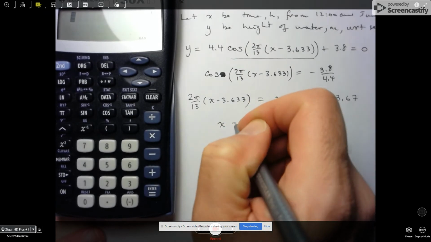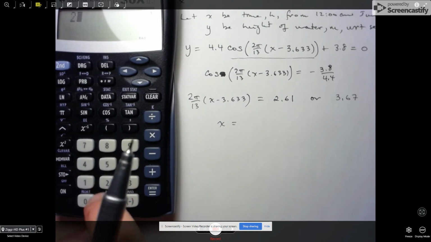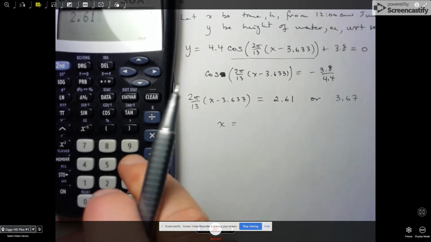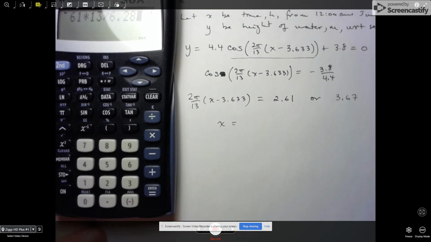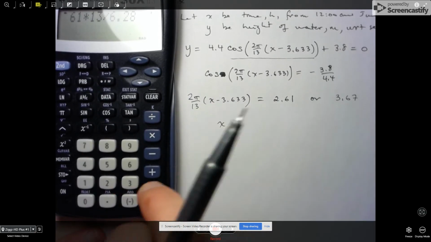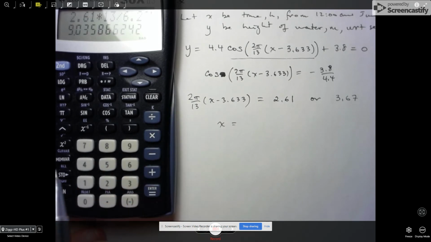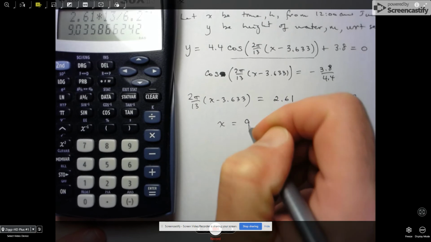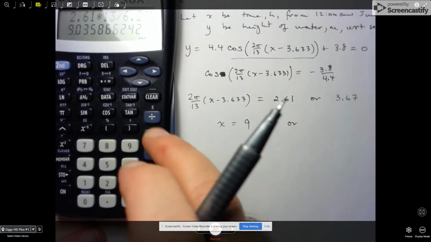So x is equal to, and I'm going to do this all in one shot. So here, what do I have to do? 2.61 multiplied by 13, divided by 2 pi, which I'll just use 6.28, and then I'm going to have to add 3.633, and that gives me about 9. Or, and now I'm going to do the exact same thing with the 3.67.